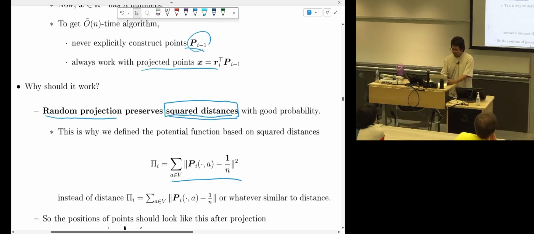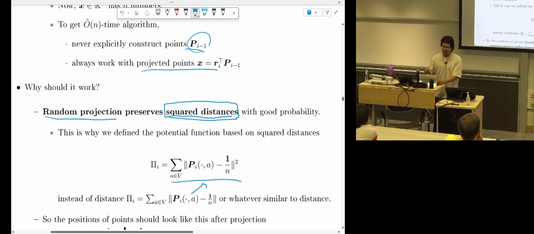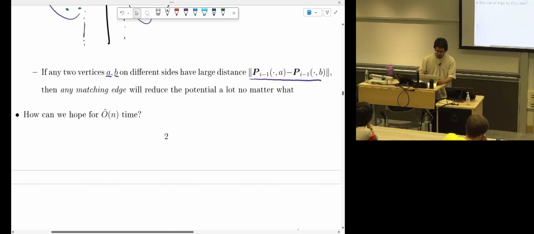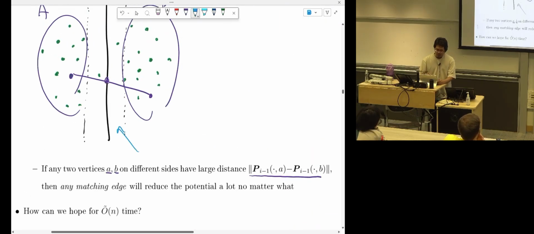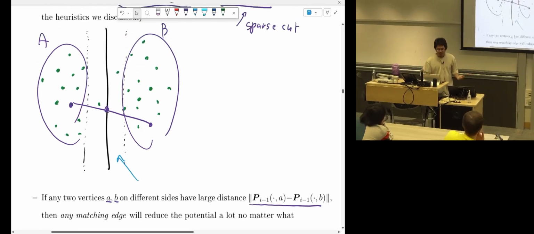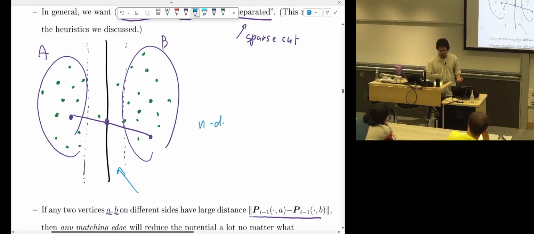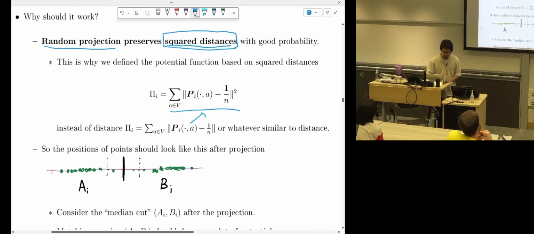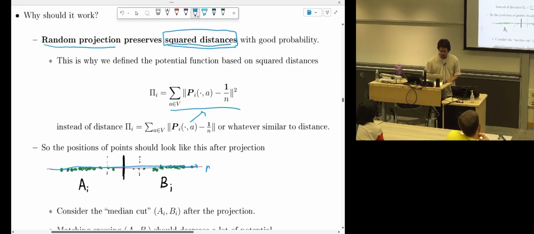So if the square distance is preserved, when you start with these points in n dimensions and you project, it's just going to look like this is R, and now it looks like this.